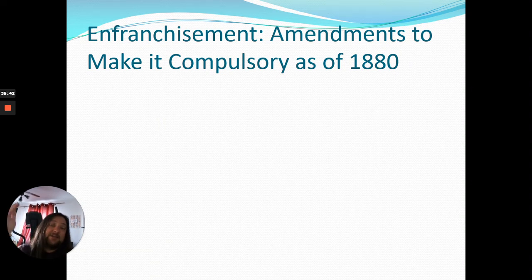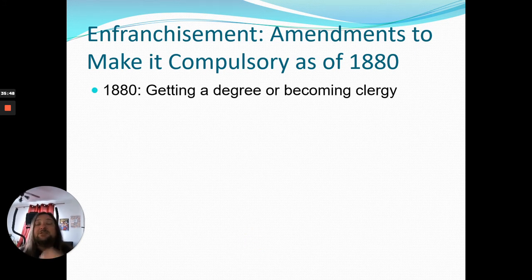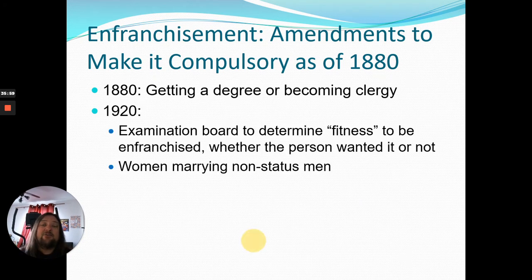Starting in 1880, there were different periods of time when they came up with amendments to actually make enfranchisement compulsory. So, for example, in 1880, any Indian or First Nations person who got a university degree or who became clergy would be automatically enfranchised.